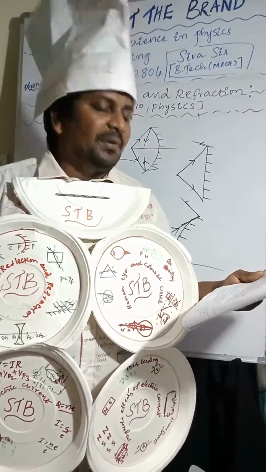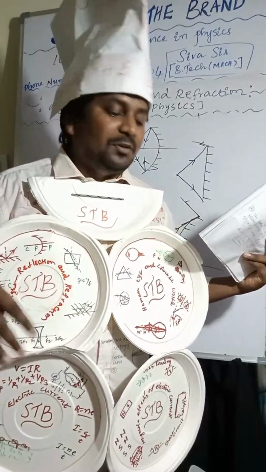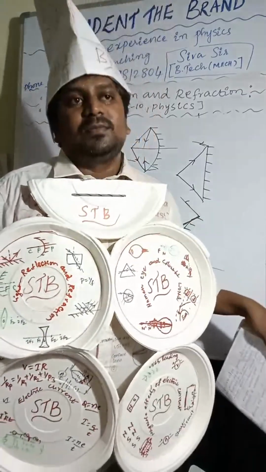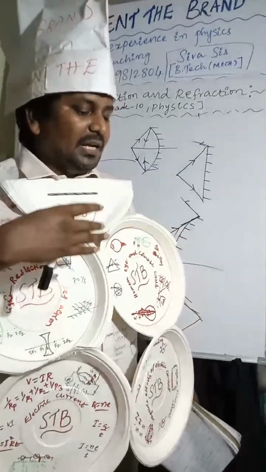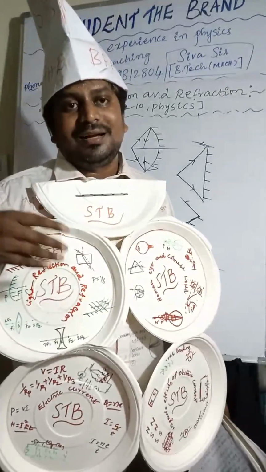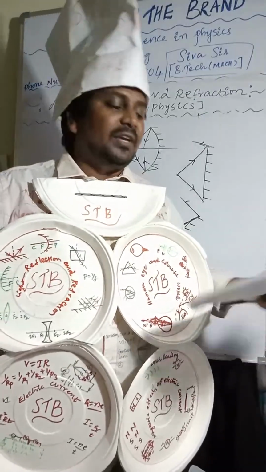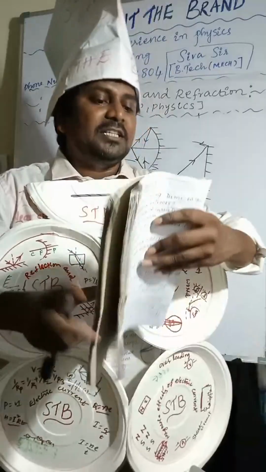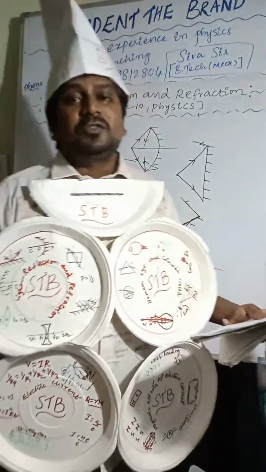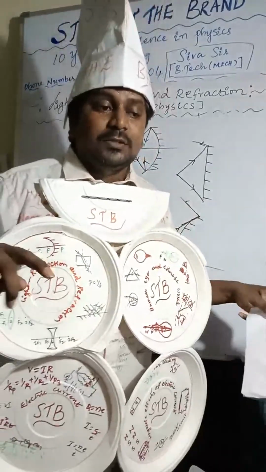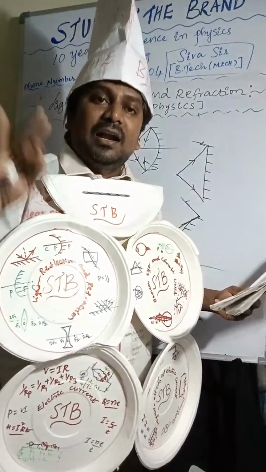Coming to the difference between concave mirror and convex mirror. In a concave mirror, reflection takes place inward, as I explained and you can observe in all the image formations, whereas in a convex mirror, reflection takes place outward. A convex mirror forms both types of images, real inverted and virtual erect.